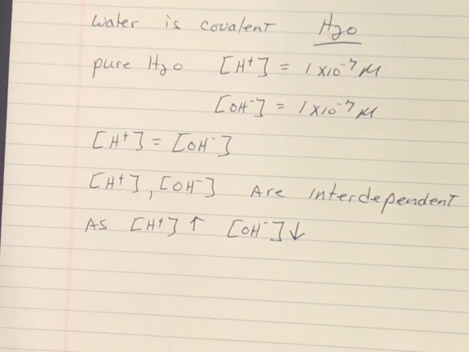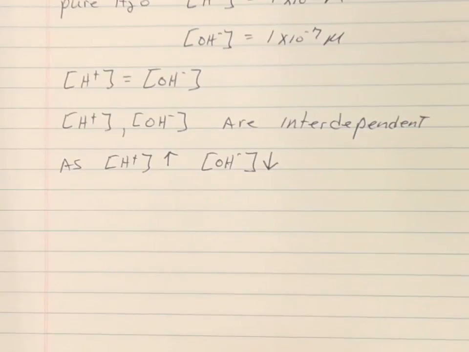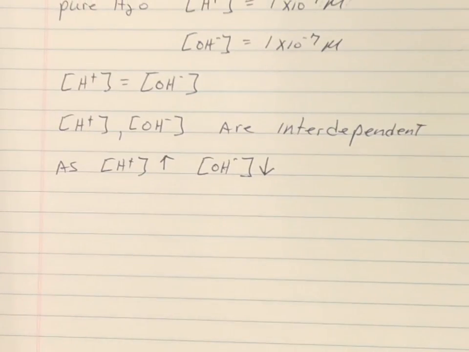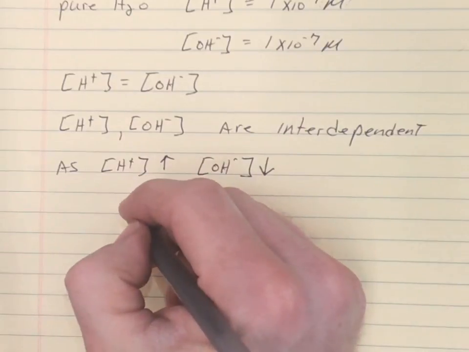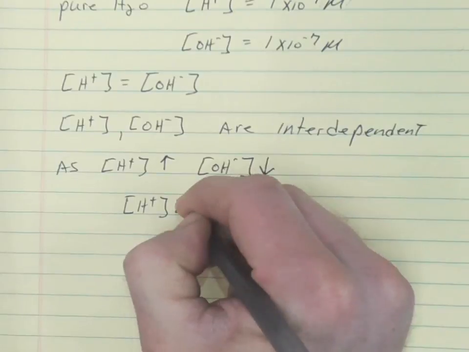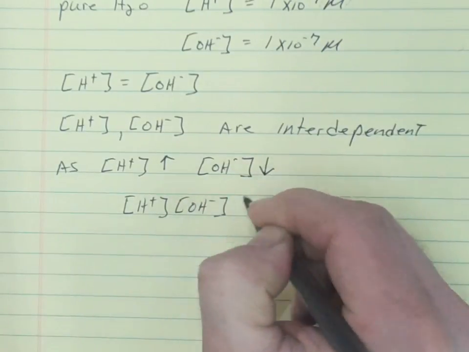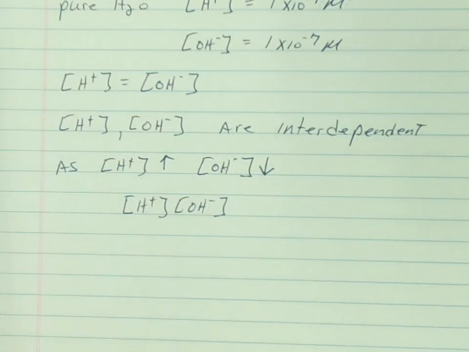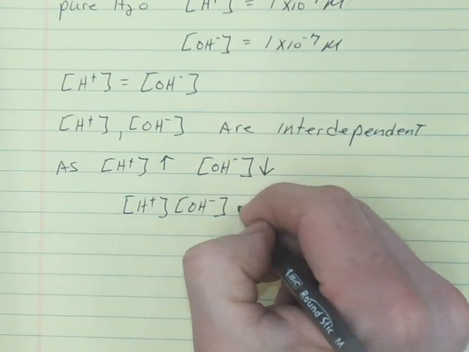And the reason why that is true is what is called the autoionization Kw equation. And it's represented by this. H plus times OH negative, and again, brackets mean what? Concentration.